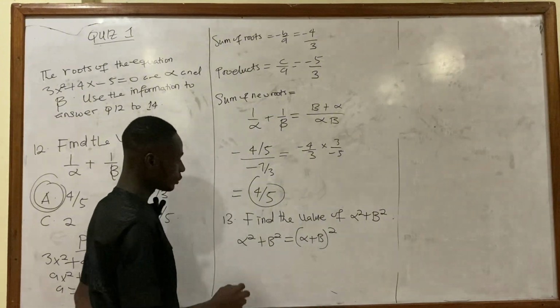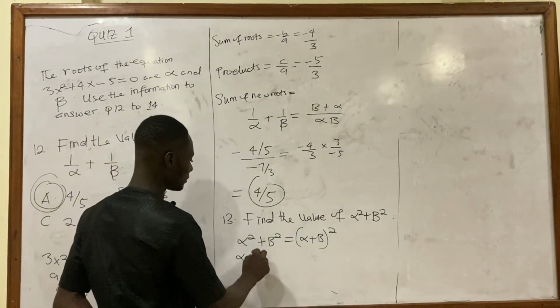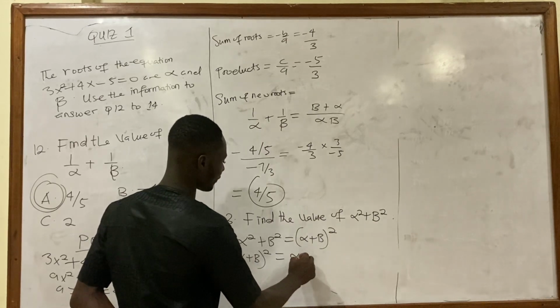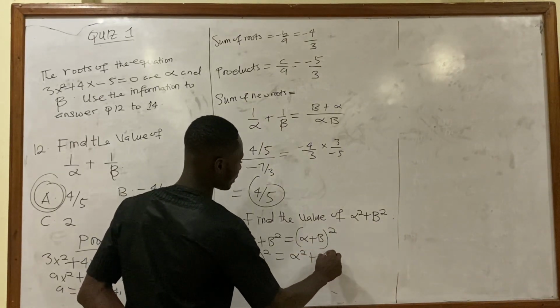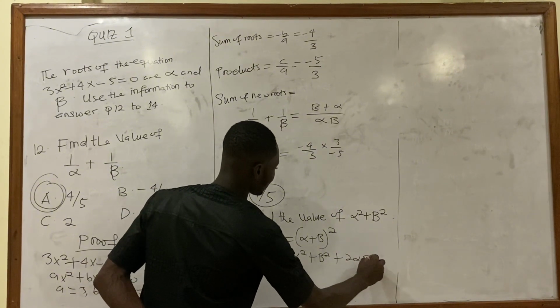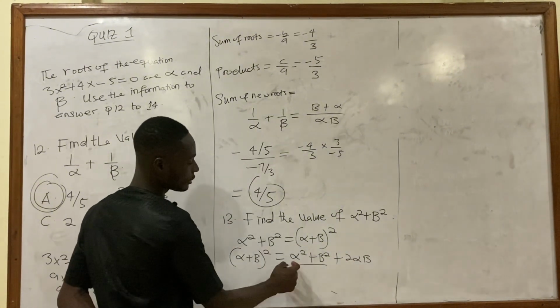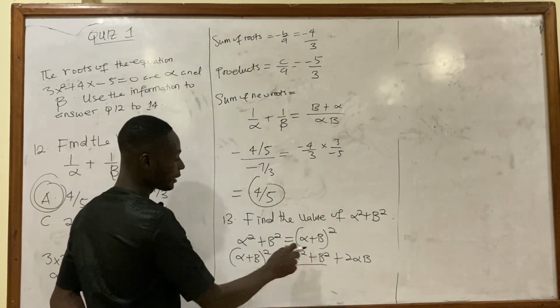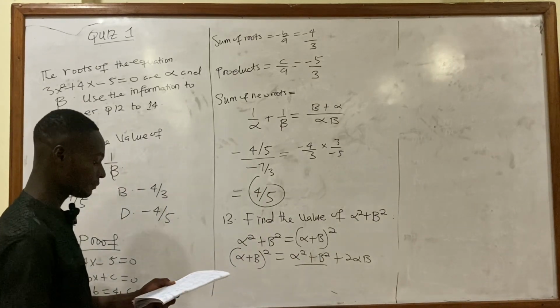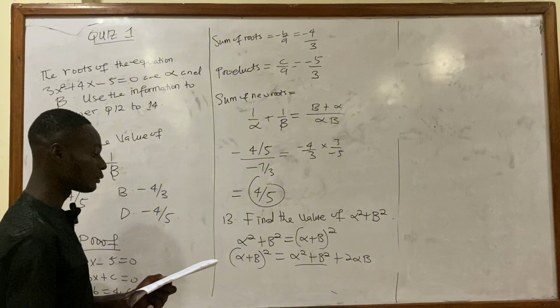All right, so this alpha plus beta all squared can be written as alpha squared plus beta squared plus 2 alpha beta. We need this, so we bring this here and maintain that one there. But we already know the value of alpha plus beta. So we just put in the values.